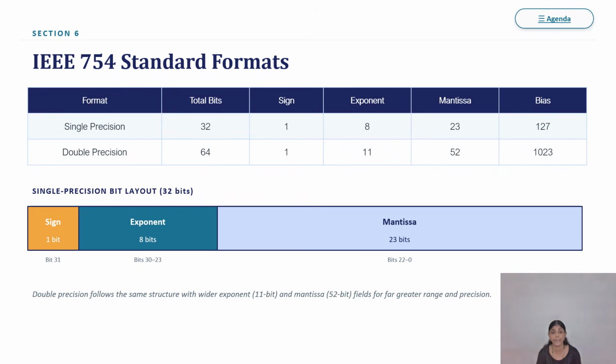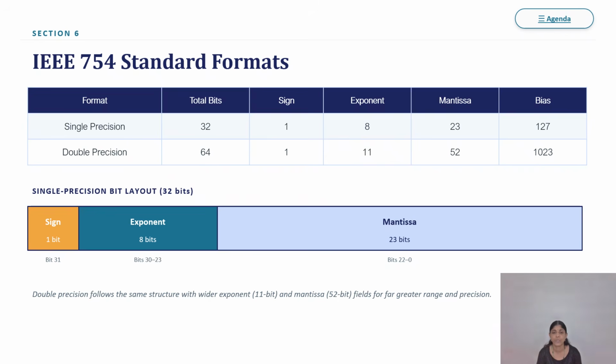So the total bits, remember 32 and 64. Single precision is 32. Double precision is 64, because 32 into 2 is 64. Now the format we checked earlier: minus 1 power s. What does that s represent? It is the sign.